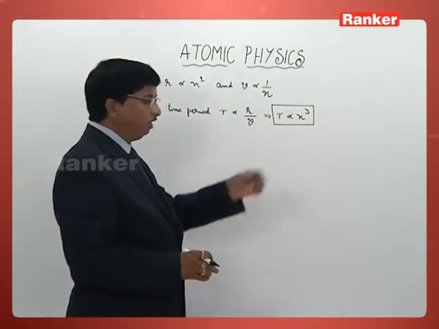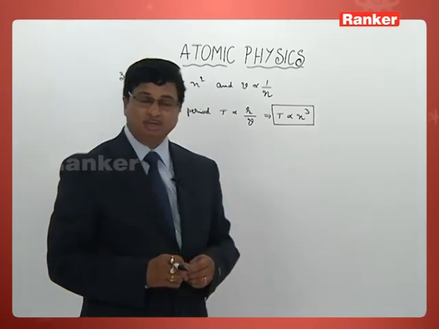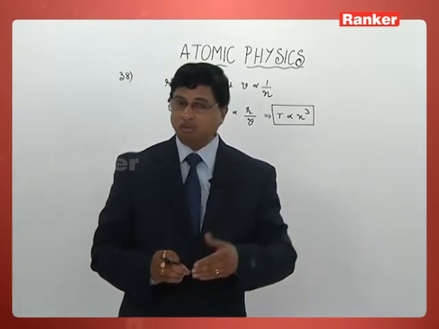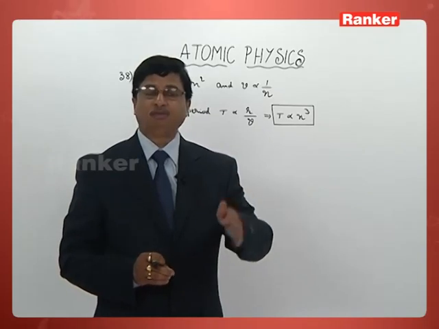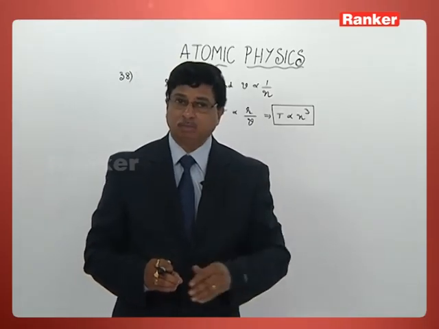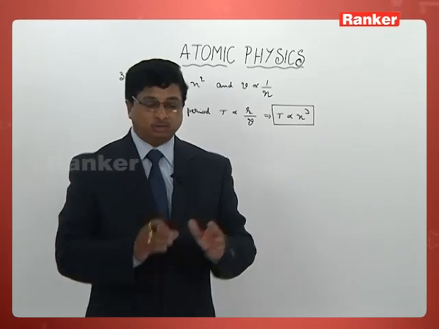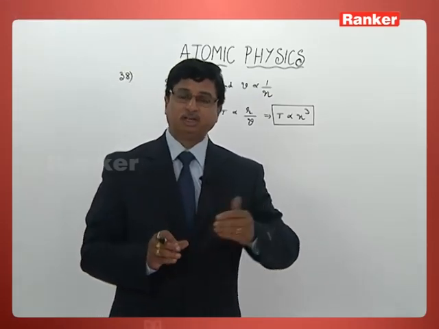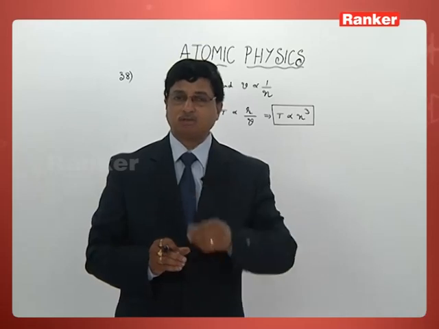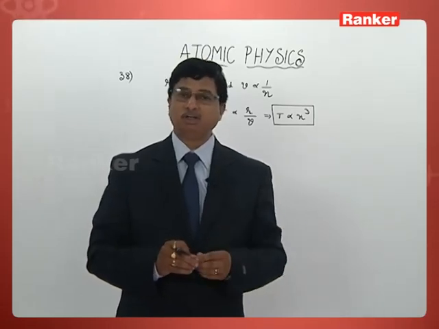Not only is time period proportional to n cube, you have to remember, you even have to remember the frequency of revolutions of an electron in an orbit is proportional to 1 by n cube. So if you can directly remember these concepts, such model questions can be worked out very simply and easily.